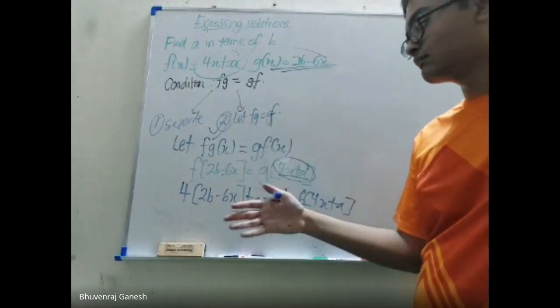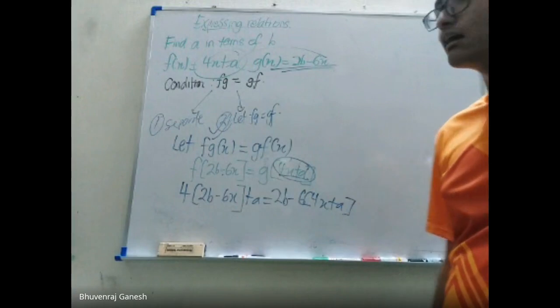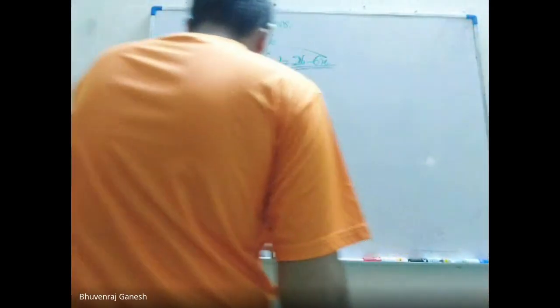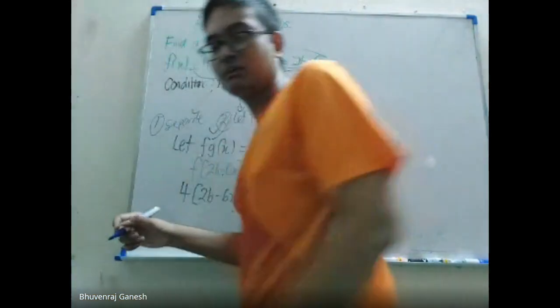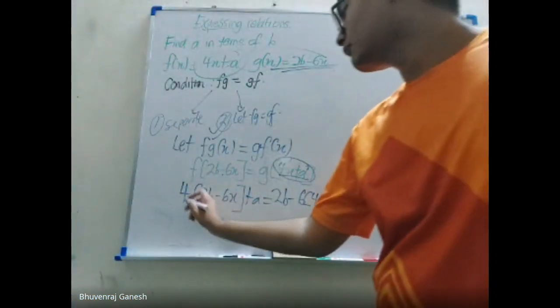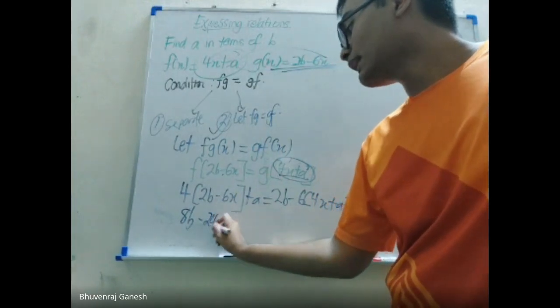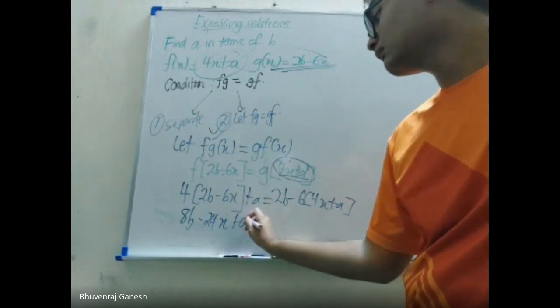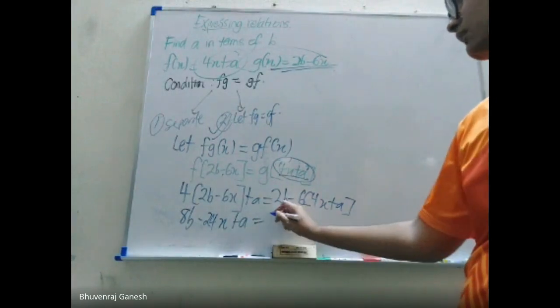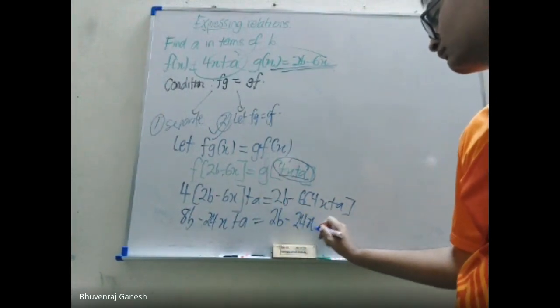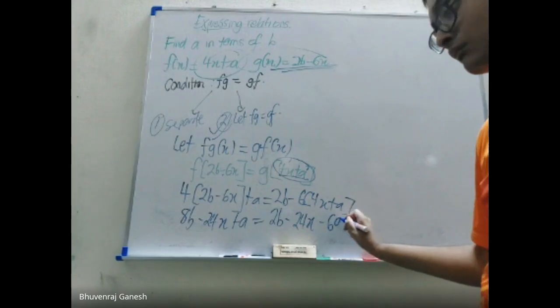Just now, it's already come out without this bracket. So now you need to expand. So you will get 4 times 2, 8b minus 24x plus a equals to 2b minus 24x minus 6a.